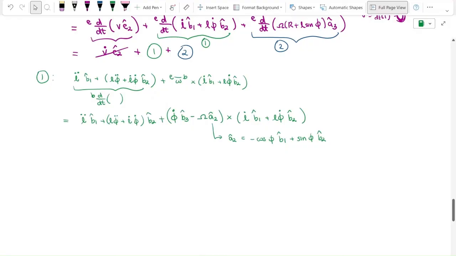And then we can evaluate this glorious cross product. Okay, how do we even do this? I'm just going to write this over here.